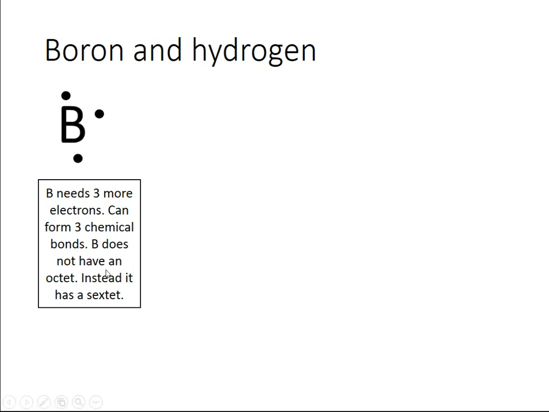So we are saying boron does not have what we call an octet. Octet means we need to have 8 electrons on the outer shell. Instead, it is complete when it has 6 electrons, because if we have a pair here, pair, pair, we'll have 6 electrons. In that case, it is known as a sextet.